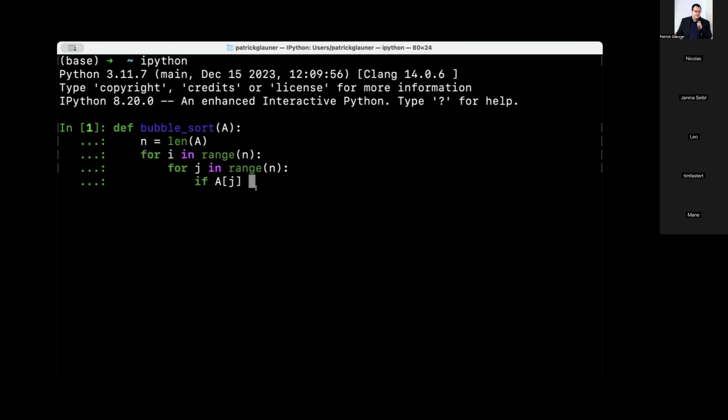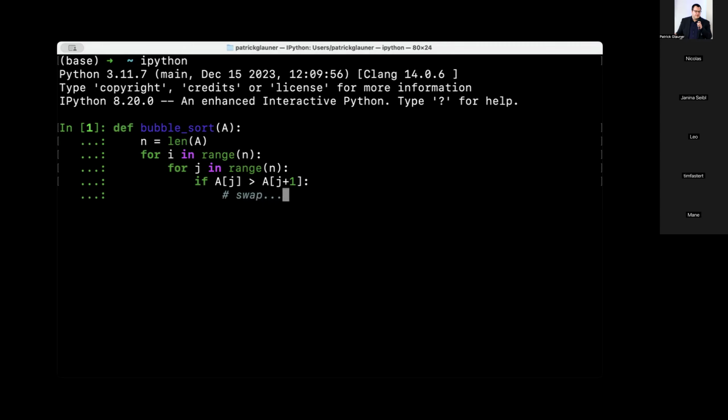And if the element at index j is greater than element j plus 1, then we swap them.